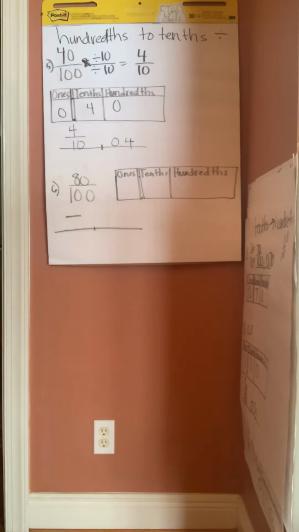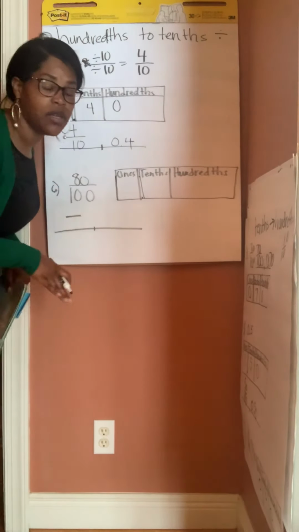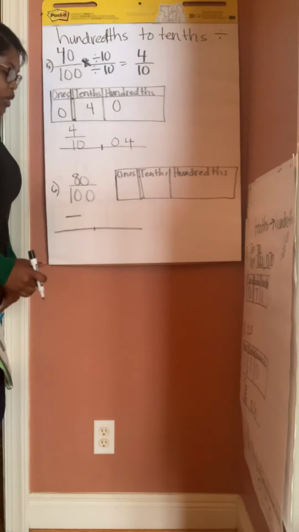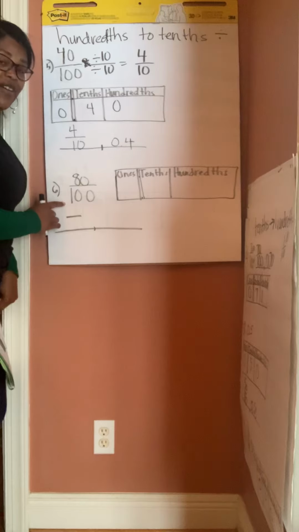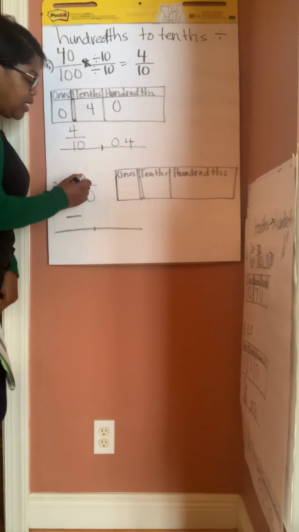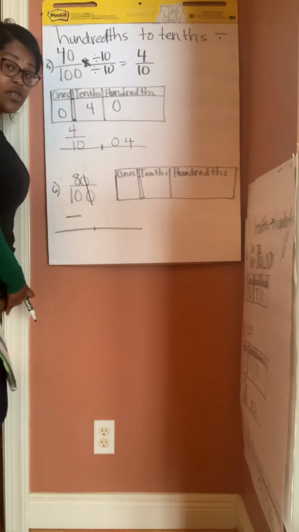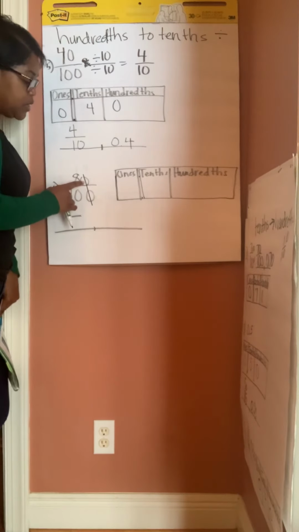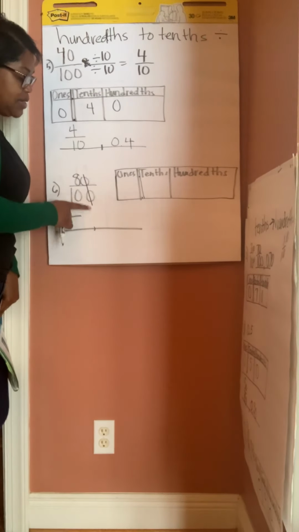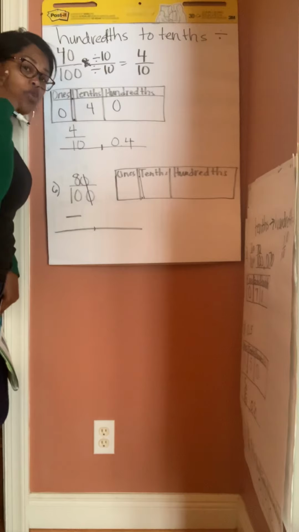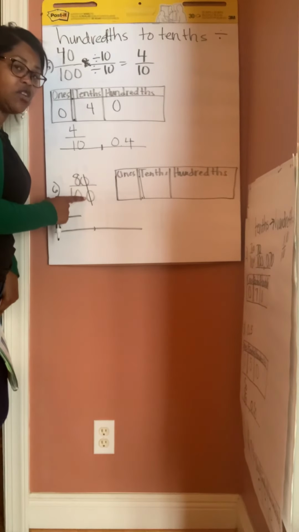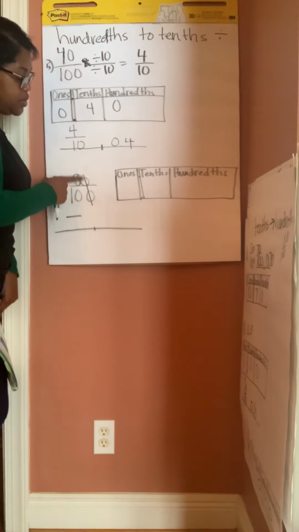Some people like to just cheat, and I'm going to tell y'all this, but don't let your parents see. Some people, if you have hundredths and you know you're dividing, if I do like this, look at those zeros, they're gone. If I'm going to remove a 0 from the bottom and the top, I can do that at the same time, since you just learned that you're dividing by 10 over 10. But we're not going to sneak and do that.